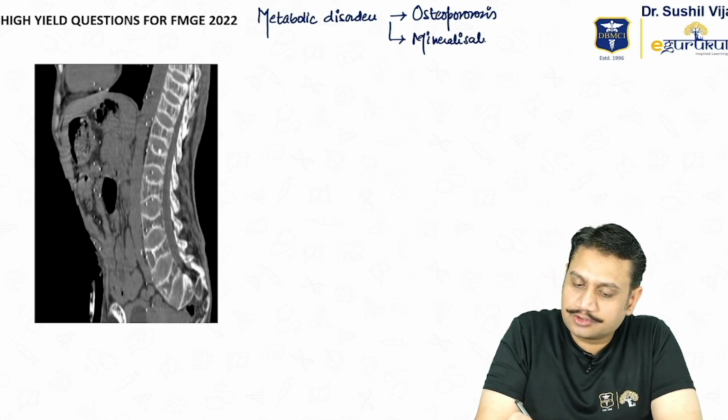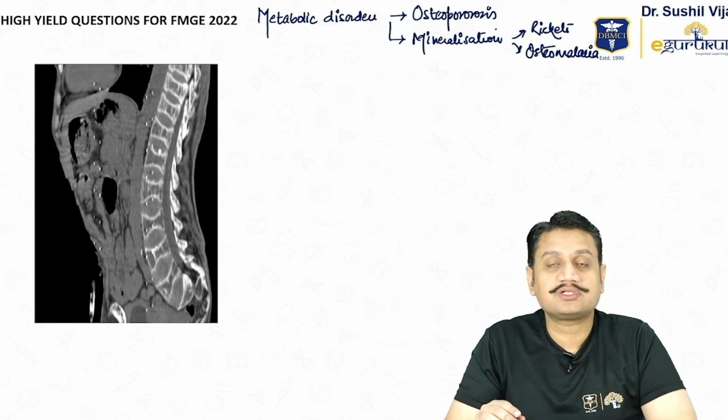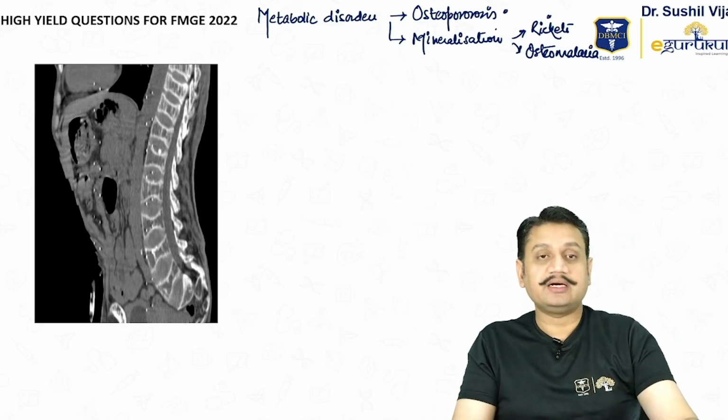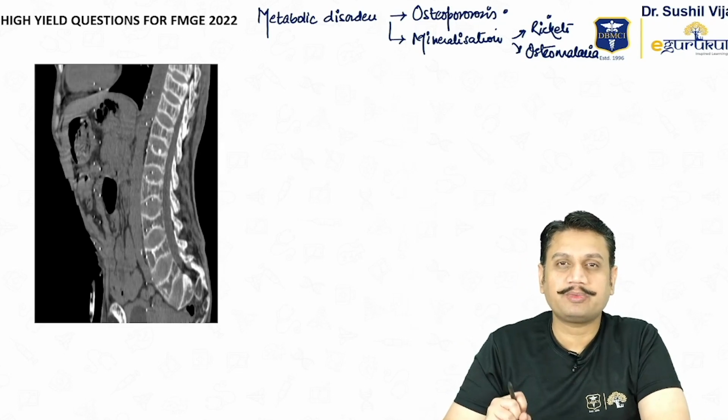The disorders of mineralization can be rickets or osteomalacia. Majority of the time you will see that most of the questions are directed either to osteoporosis or to rickets, right? Maybe a disease related question, maybe a treatment related question, maybe brace support, maybe something like that.